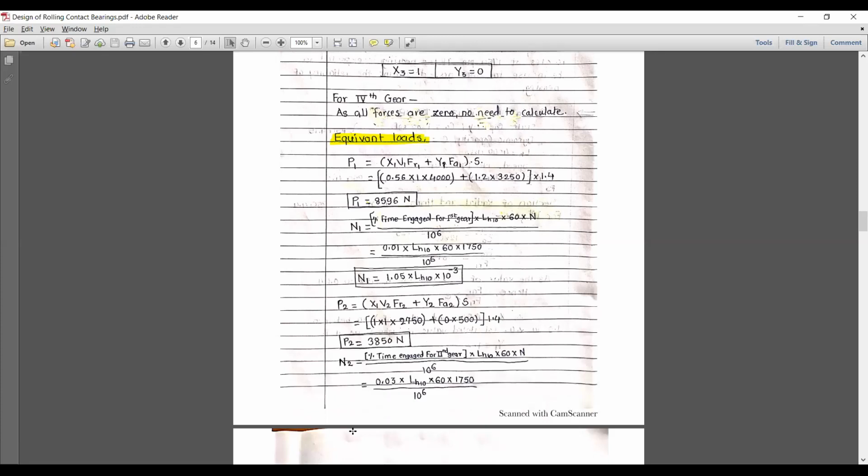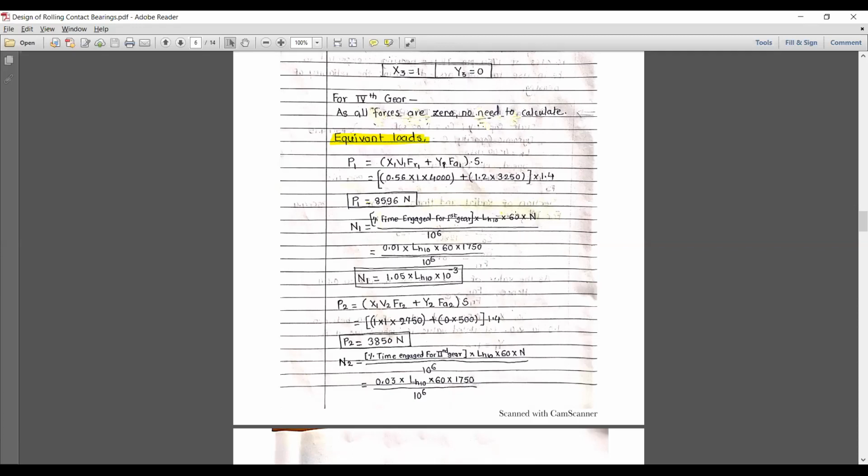Okay, as we have got all the values of X, radial factor, and Y, axial factor, for each gear, the next step is to calculate the equivalent load. Here also we need to calculate the equivalent load for each gear. So for gear number 1, P1 is equal to X1 FR1 plus Y1 FA1, into S, the service factor, which is common for all.